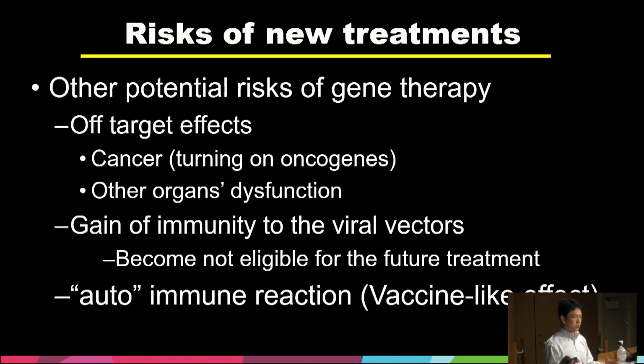So if we introduce those genes to people who don't have BCEP, is it just like a vaccine effect, where the body recognizes it as a new protein? This is the concern, and it's not just a theory. I think we are starting to see this.